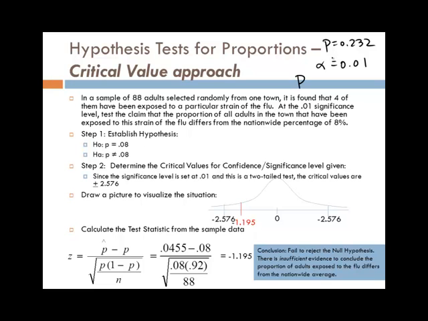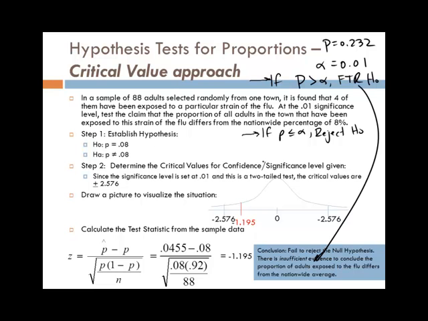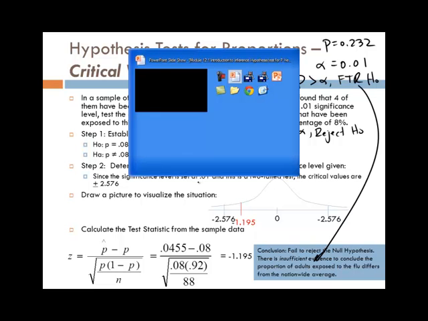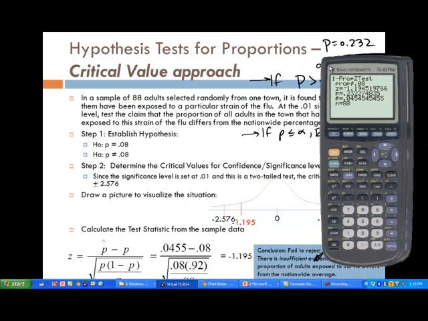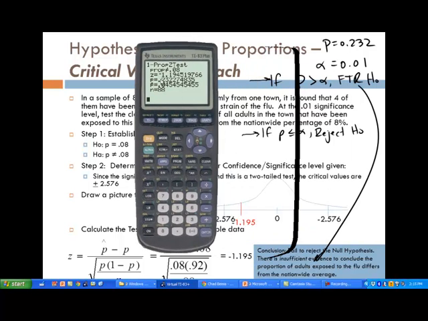If the p-value is greater than alpha, we fail to reject, which is exactly what we did here, right? If the p-value is less than or equal to alpha, we reject the null hypothesis. So this is consistent with that. The alternate method here is using the p-value. The calculator is not giving you the conclusion to the hypothesis test. It's just giving you enough information to be able to tell.